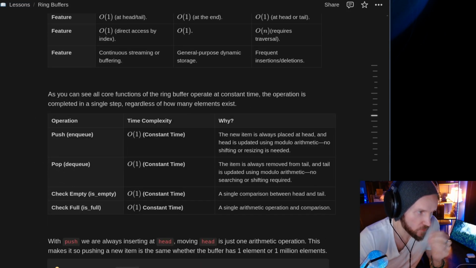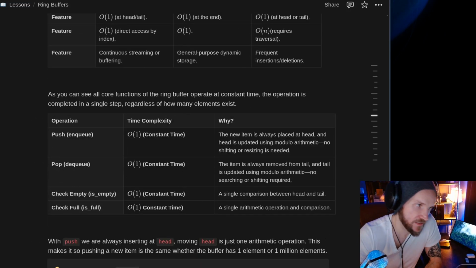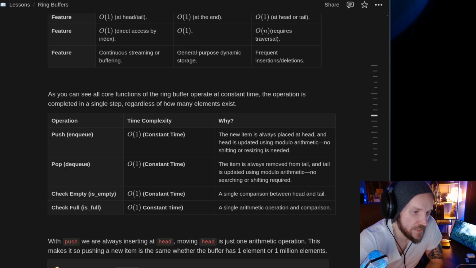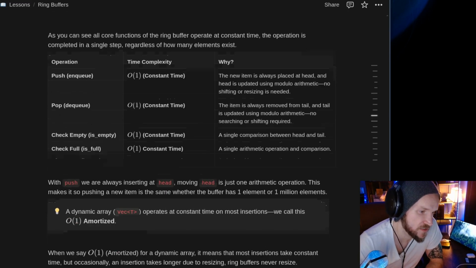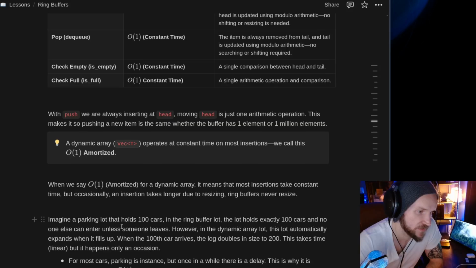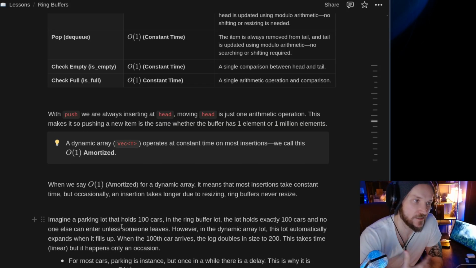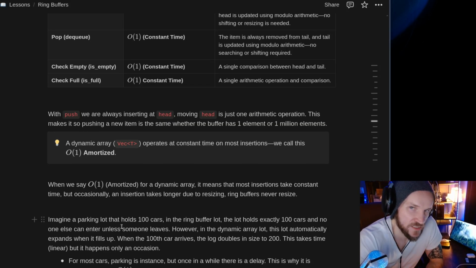A dynamic array is what we call amortized. It is constant time on most insertions, right? And you'll see this term amortized, so I wanted to explain it to you. When we say constant time amortized for a dynamic array, it means that most insertions take constant time, but occasionally an insertion takes longer due to resizing.